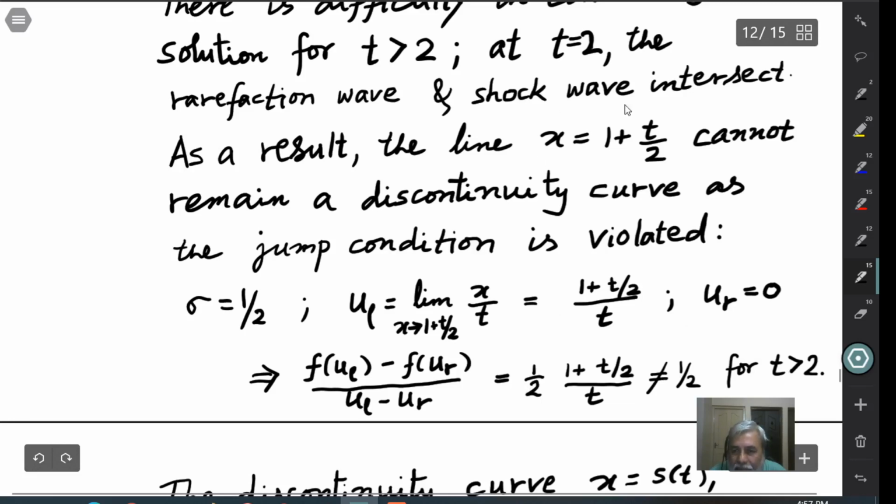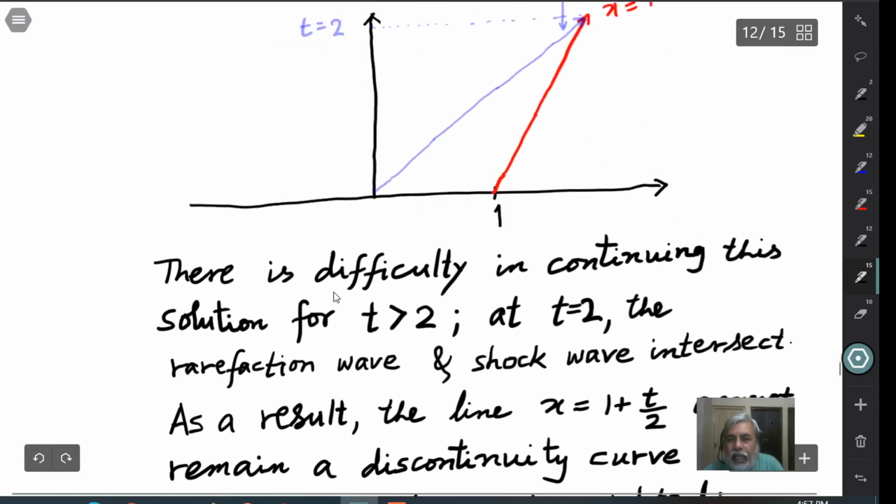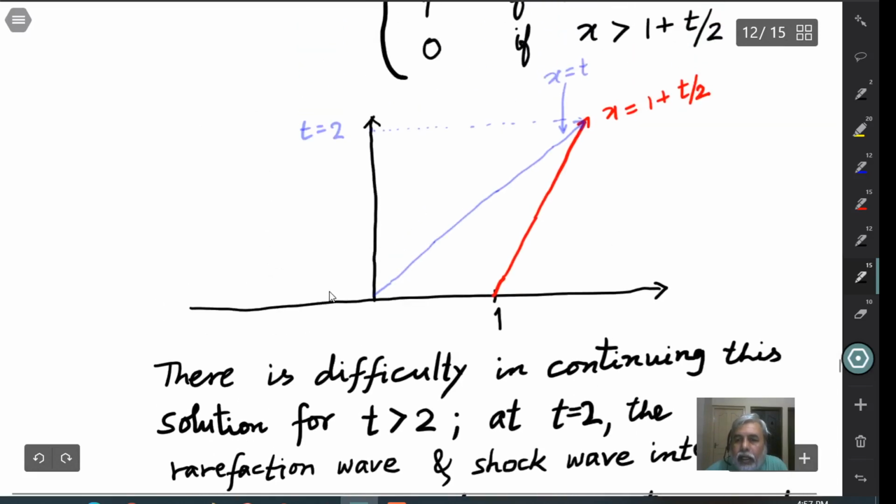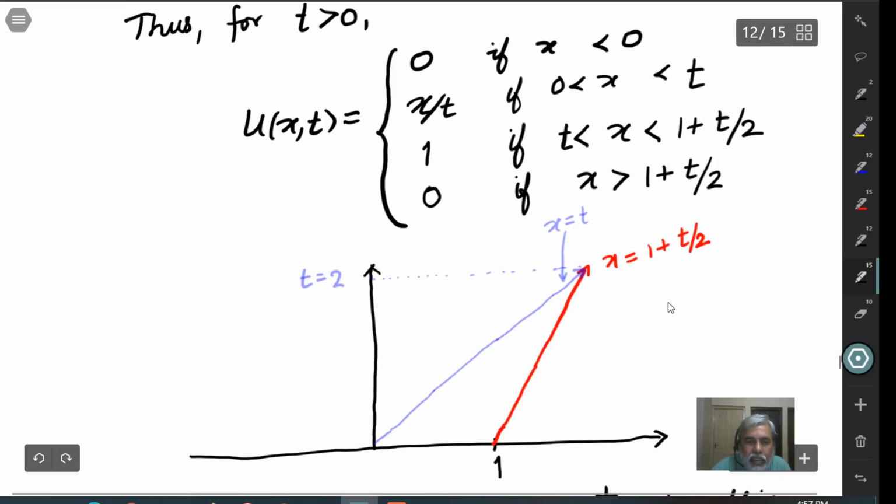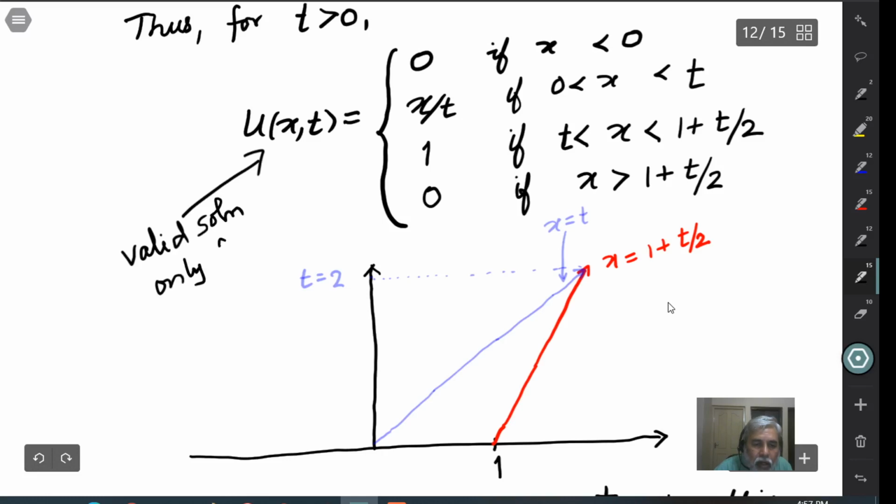So this line cannot be a discontinuity curve, as the jump condition is violated. So this is a valid solution only for t less than 2.